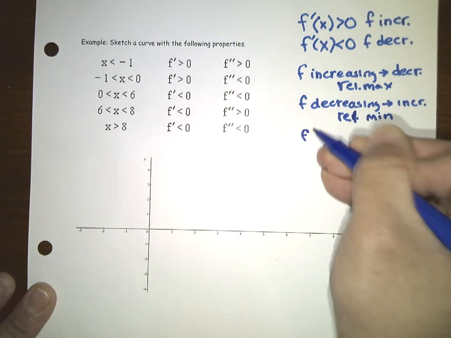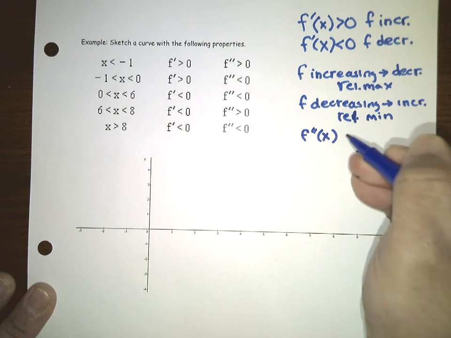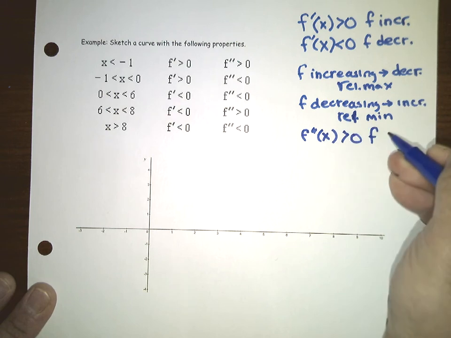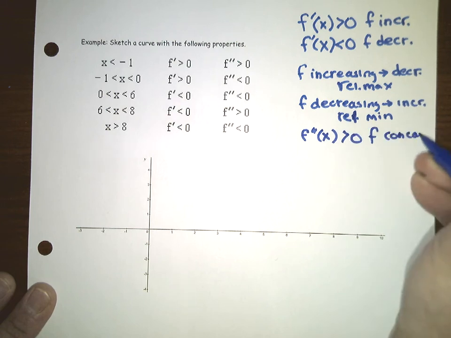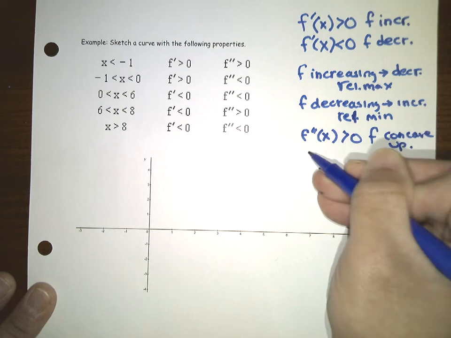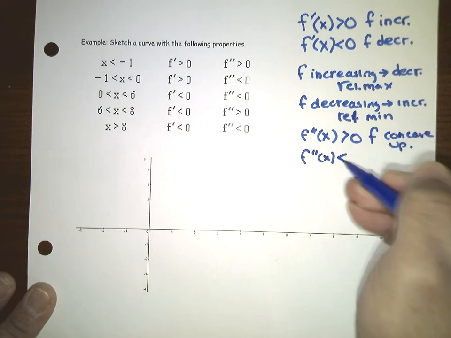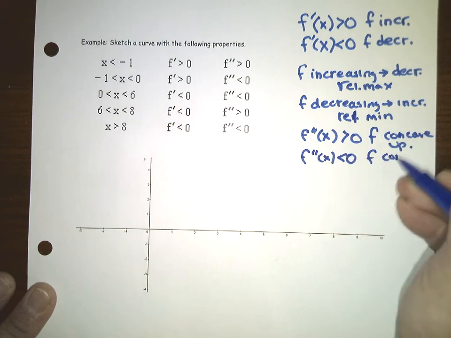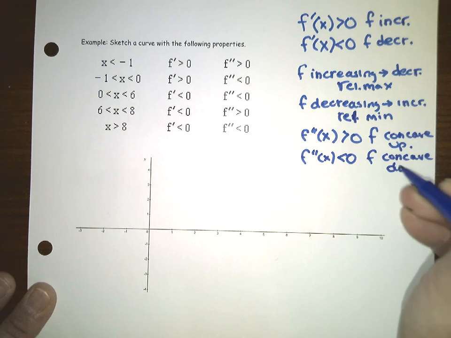And if f double prime of x is greater than 0, that means f is concave up, and if f double prime of x is less than 0, that means f is concave down.